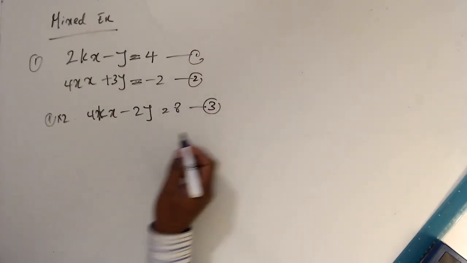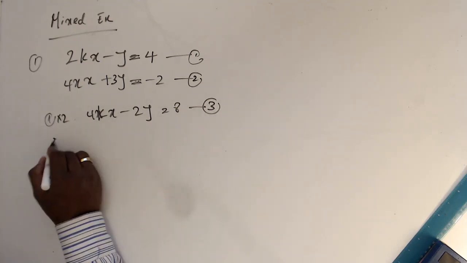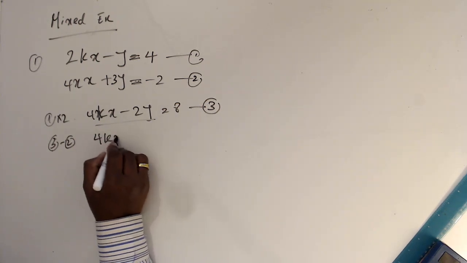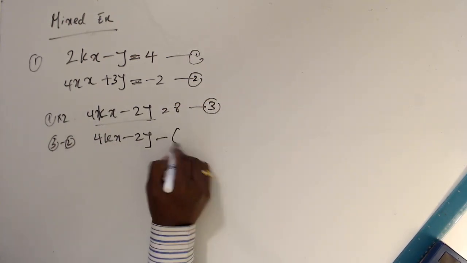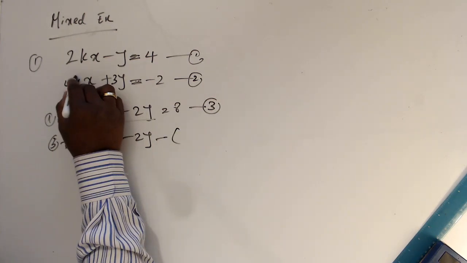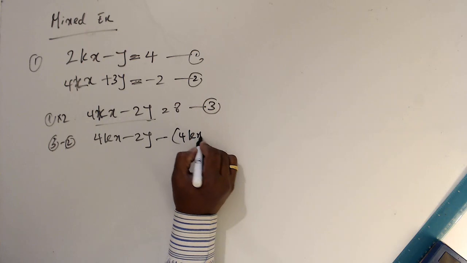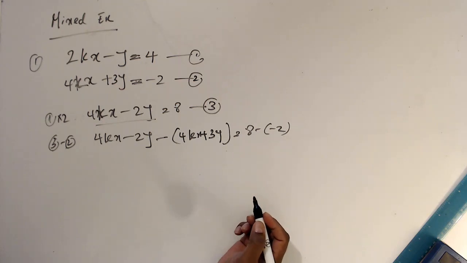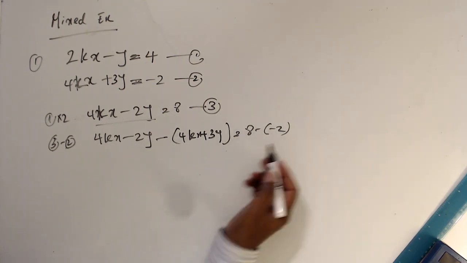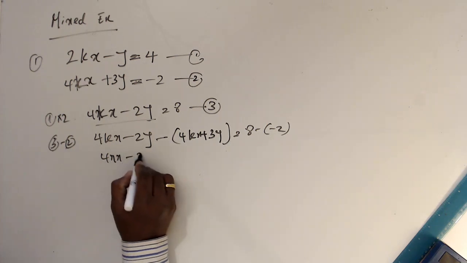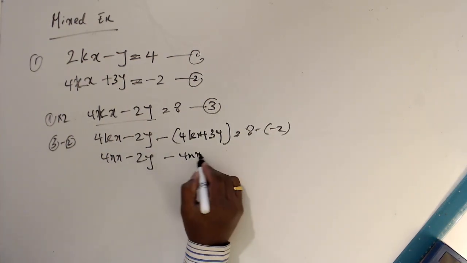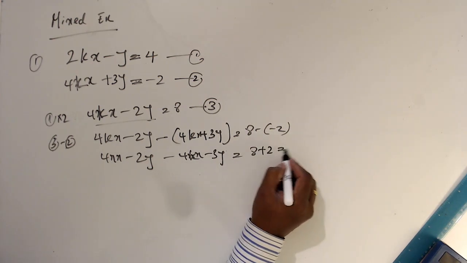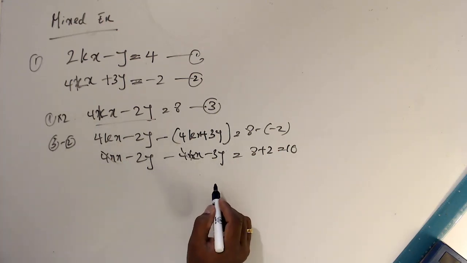This is 3. Now I subtract 3 minus 2. The left side of 3 is 4kx minus 2y, minus the left side of 2, 4kx plus 3y, equals 8 minus the right side, minus 2. 4kx minus 2y minus 4kx minus 3y equals 8 plus 2, which is 10. The 4kx cancels out.